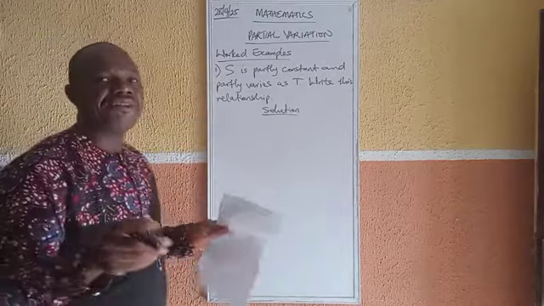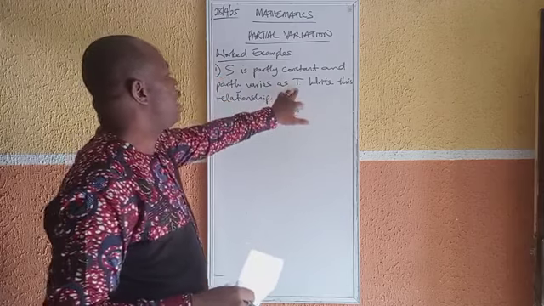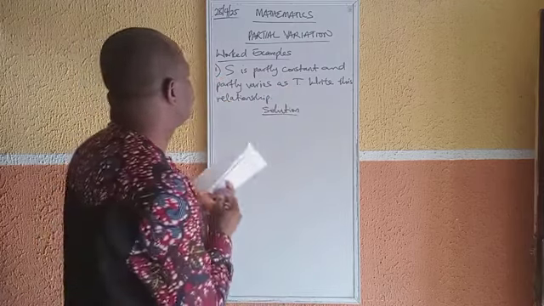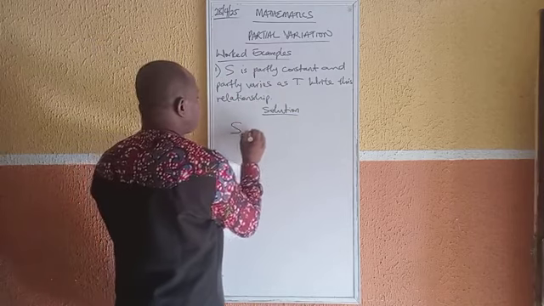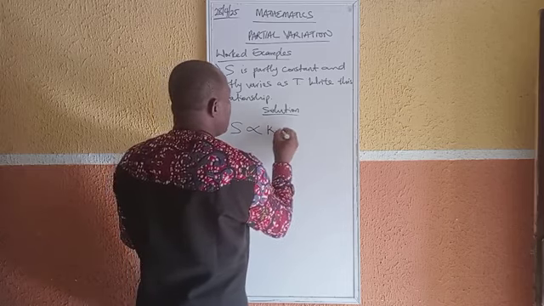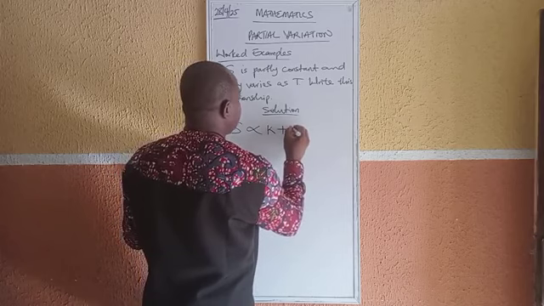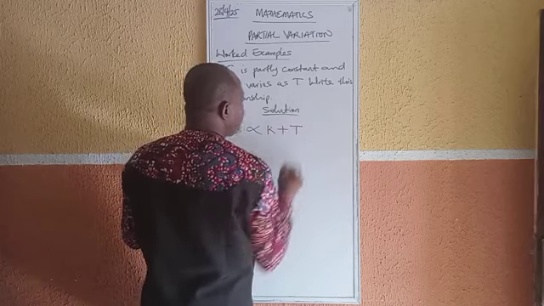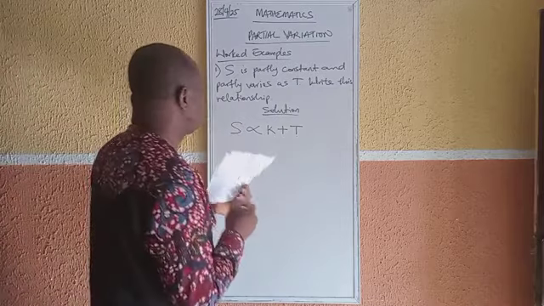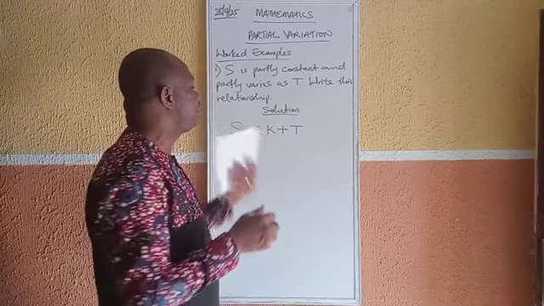So let's identify the quantities here. S and what? T. So S is partly constant and partly varies as T. S is partly constant and partly varies as T.